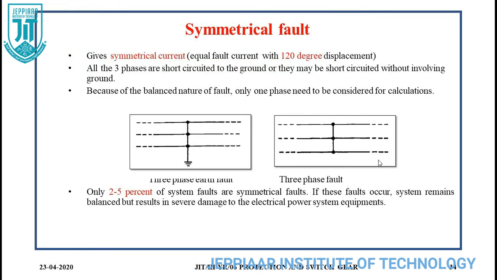Next one is symmetrical fault. From the name itself we can say it gives symmetrical current. The fault current is equal in all three phases, displaced by 120 degrees. A symmetrical fault may be three phases short circuited to the ground, as in the first diagram, or short circuited without involving the ground.